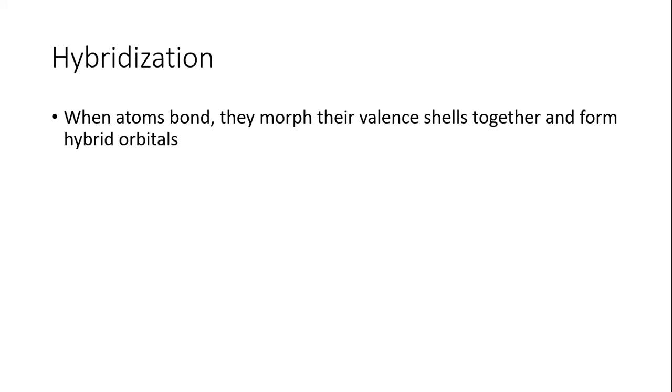So if you think about electron configurations, boron, for example, is a good example. Boron's valence shell is the S and P sublevels.